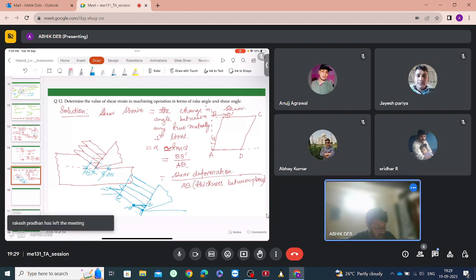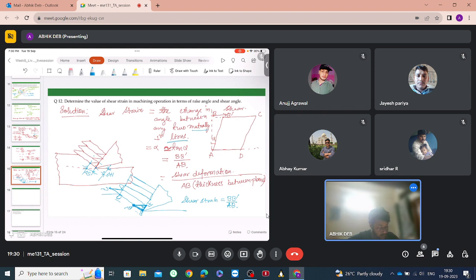So the shear strain will be this region, that is B B dash by this region AB. Remember, AB is the perpendicular length. It has to be the perpendicular length because it was initially mutually perpendicular lines.